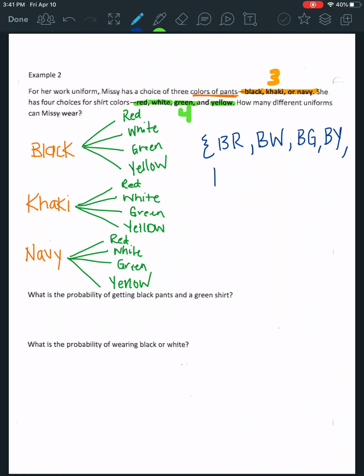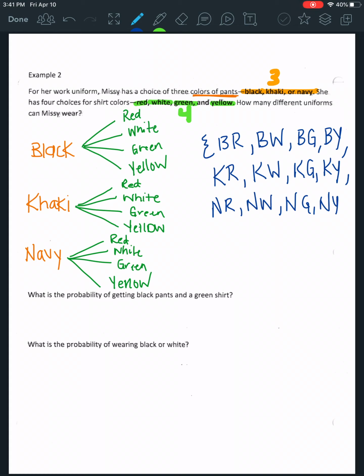Or khaki pants, red shirt, khaki pants, white shirt, khaki pants, green shirt, khaki pants, yellow shirt. And then all the same with the navy pants: navy red, navy white, navy green, navy yellow. And there is our set of all possible outcomes, our sample space. In this example, we have 1, 2, 3, 4, 5, 6, 7, 8, 9, 10, 11, 12 possible outcomes.